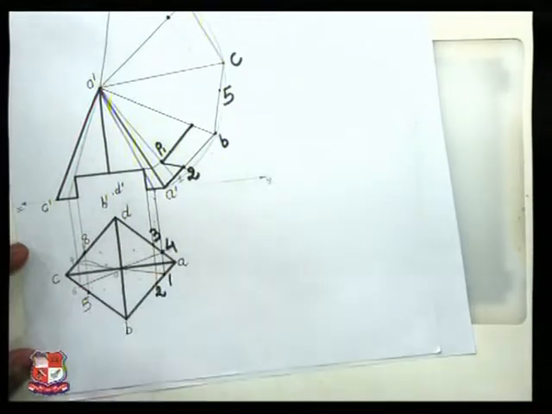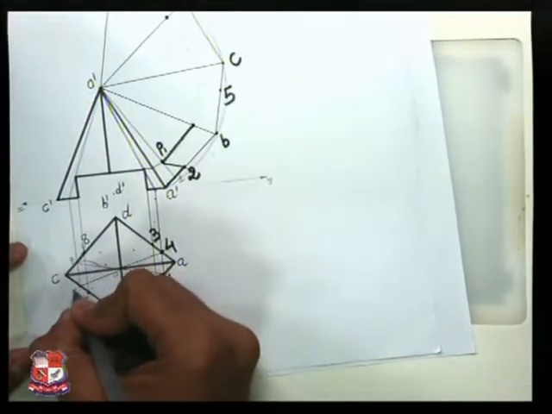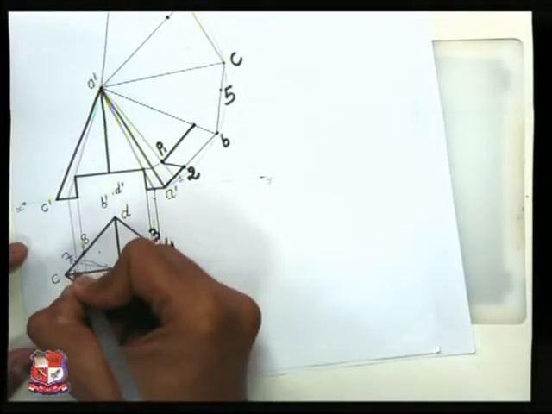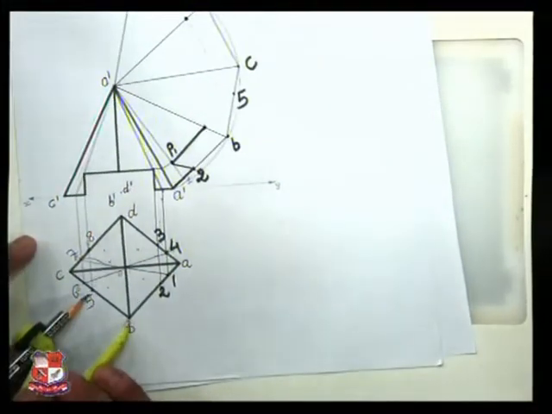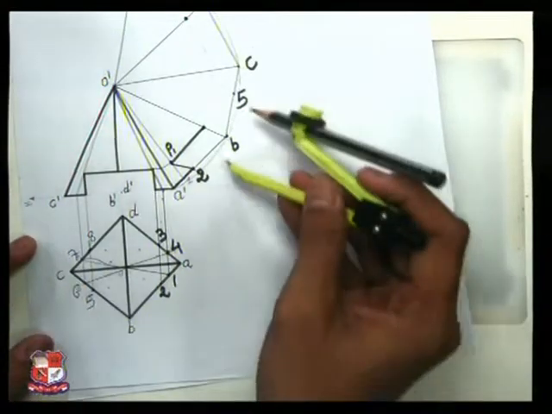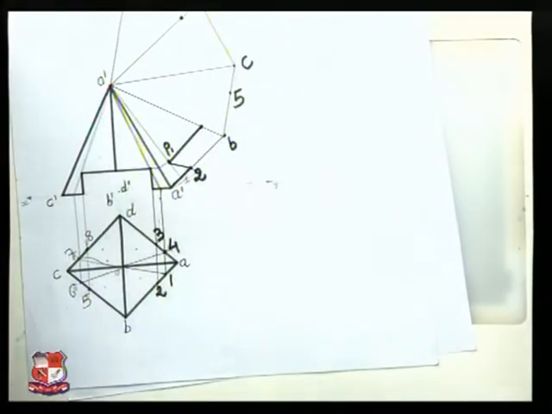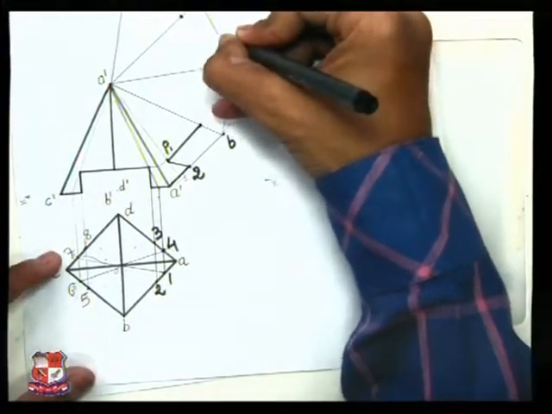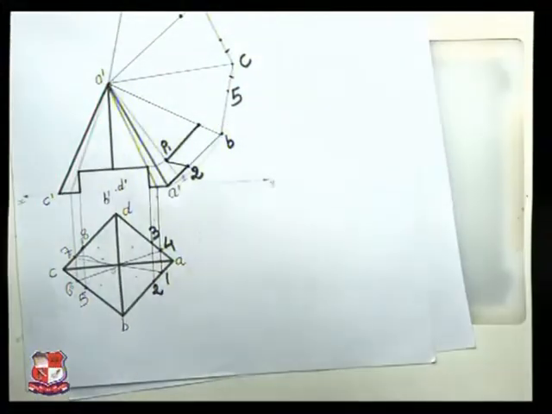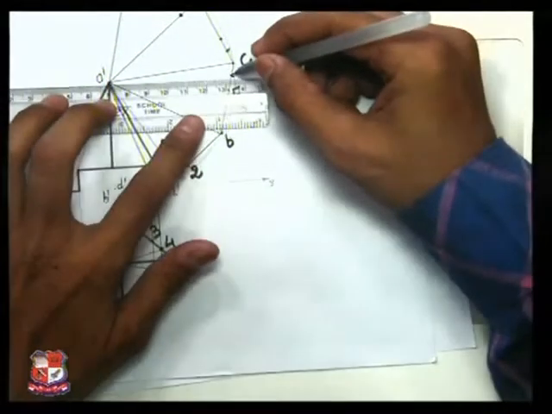Now here is point number 6 somewhere here, and here is point number 7. So transfer point number 6 and point number 7 on the development, B6. So B6 somewhere here, here is point number 6 and here point number 7 would be there. So join this generator like this.